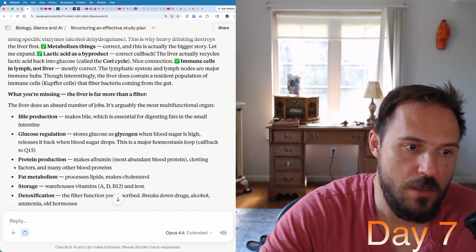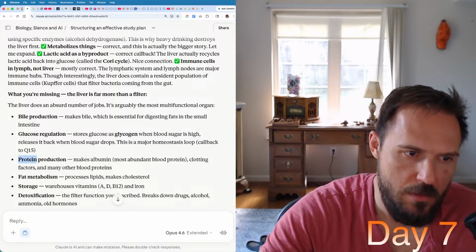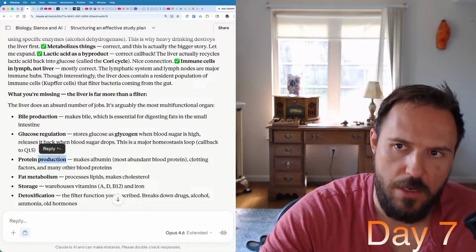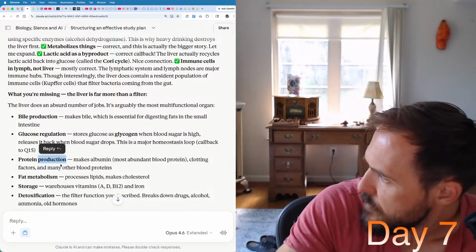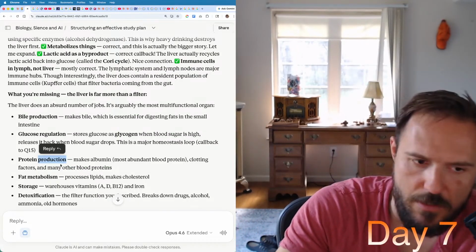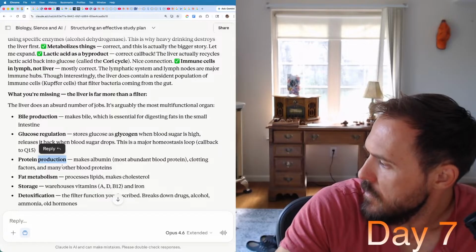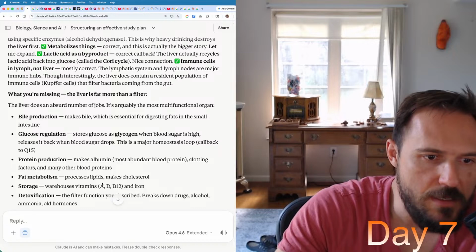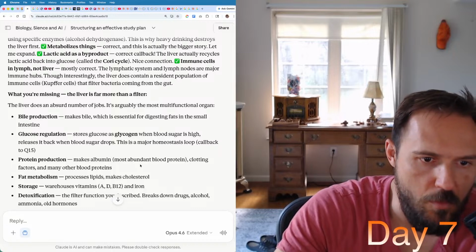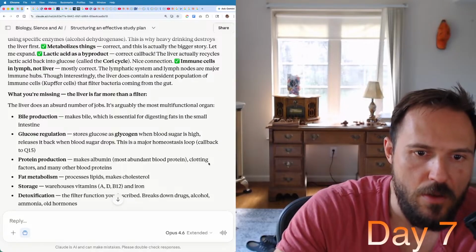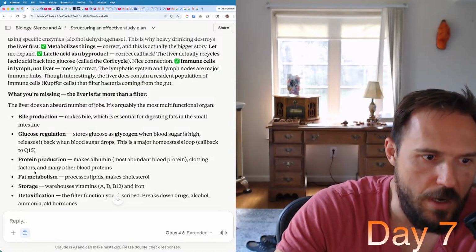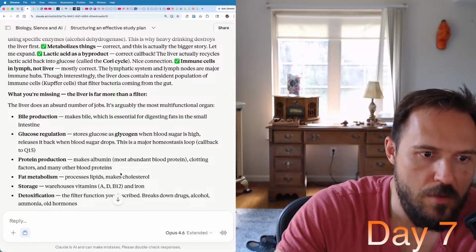Protein production. What? I thought protein is made inside of the cells. It makes albumin, the most abundant blood protein, clotting factors, and many other blood proteins.